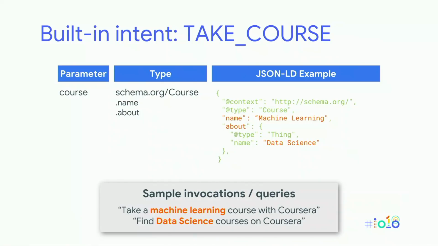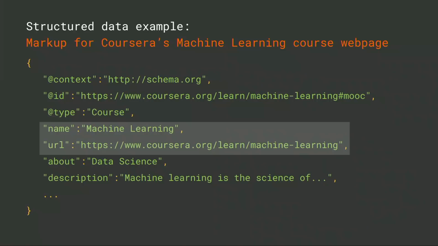Now, you might wonder, how does Google exactly know this particular mapping? In Coursera's case, each course page is annotated with schema.org markup. And there's a page called machine learning, and it is associated with a specific URL. So this is an example of the content-based fulfillment that we talked about a couple of slides back.